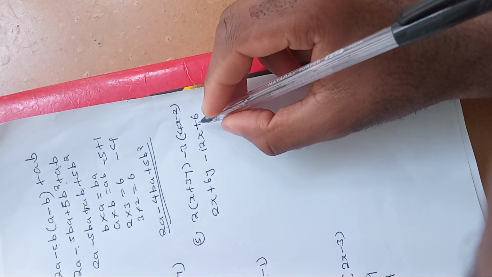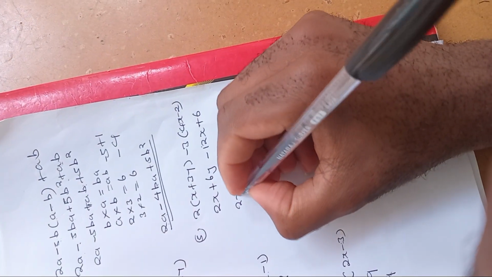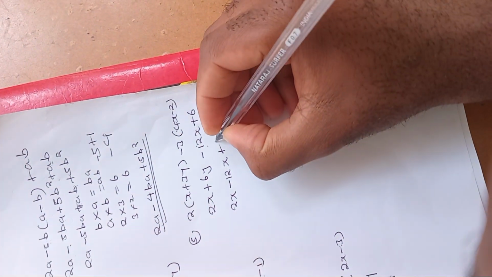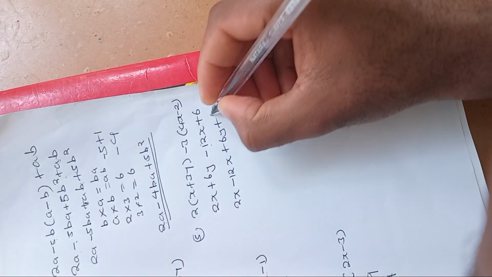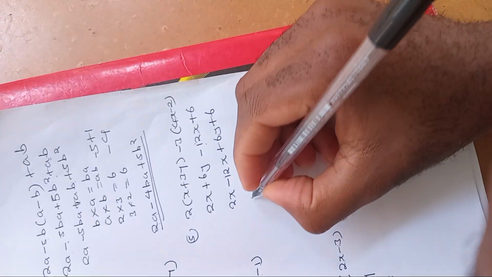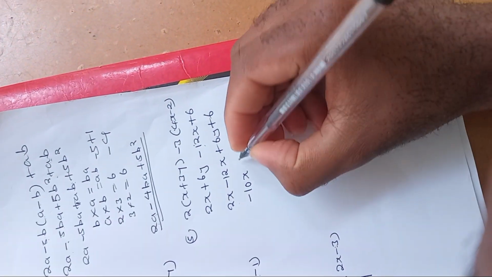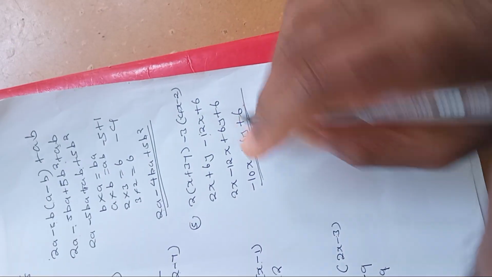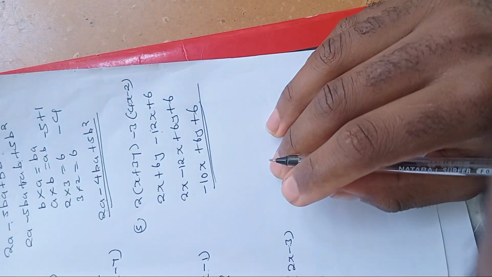So then you get the right term, guys. So you're going to have 2x minus 12x plus 6y plus 6. Then you subtract here. So 2x minus 12x, you're going to have negative 10x plus 6y plus 6 as our answer. Yeah, hope it's clear.